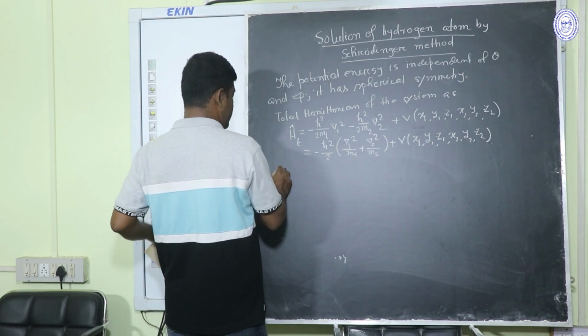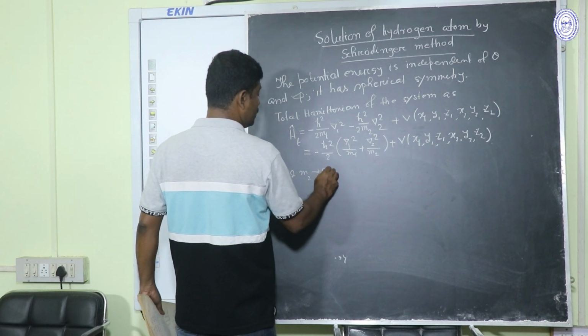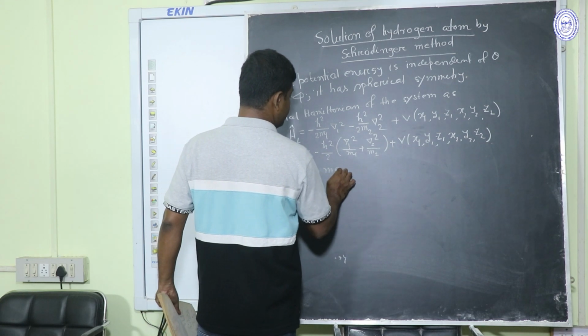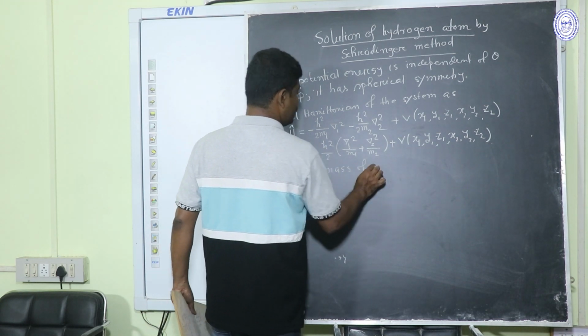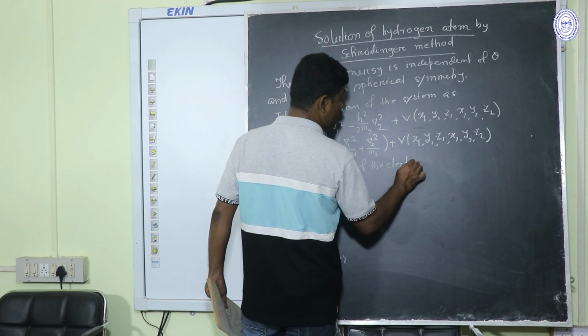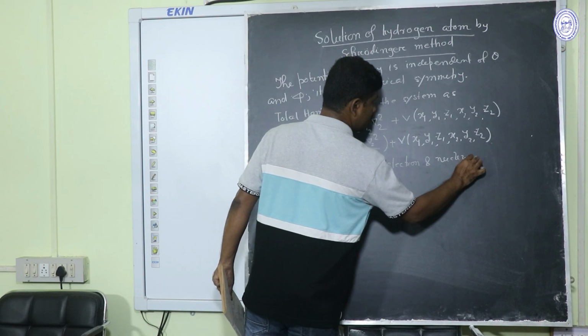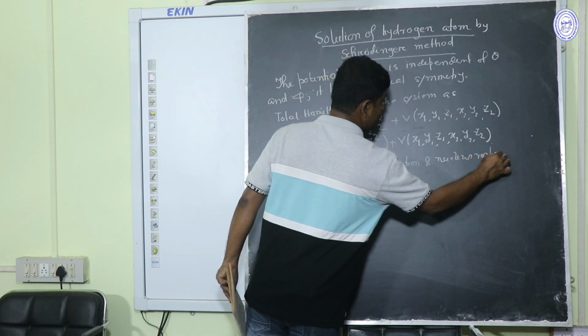M1 and M2 are the masses of the electron and nucleus respectively.